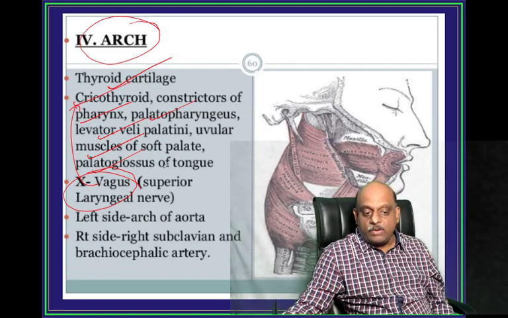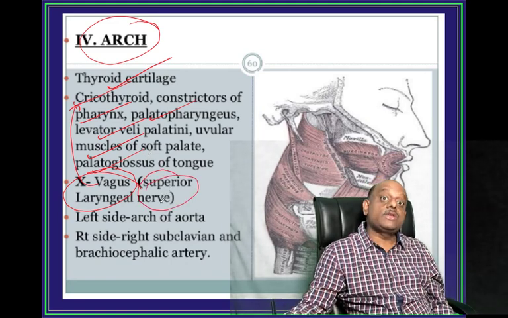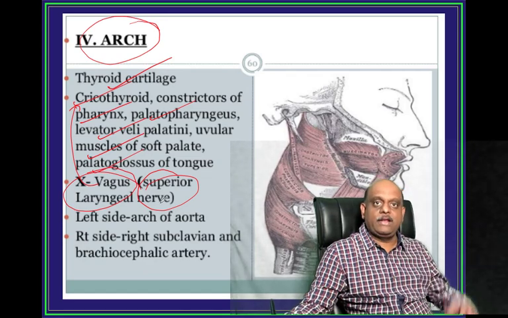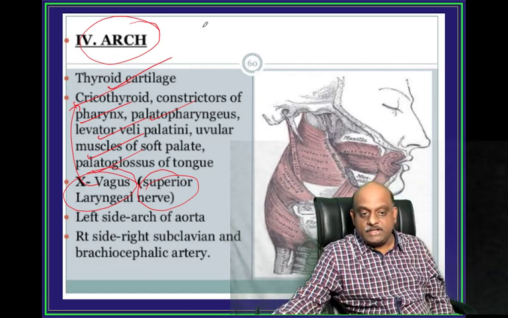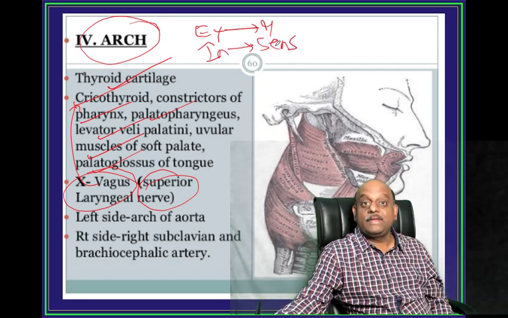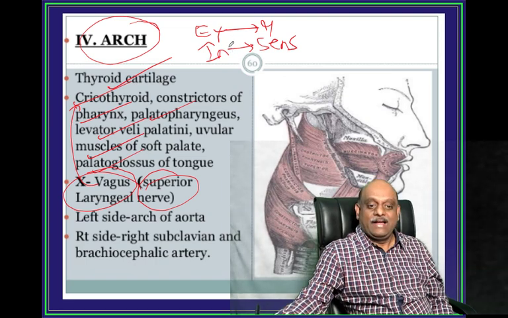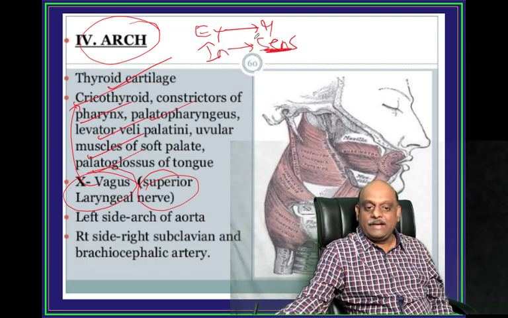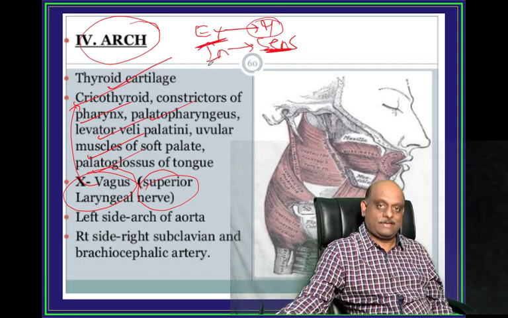And the vagus, how does it supply all these muscles? Through the superior laryngeal nerve. Superior laryngeal nerve has two branches. What are they? External, which is motor, internal, which is basically sensory. The other day we discussed that in the superior laryngeal, external is motor.